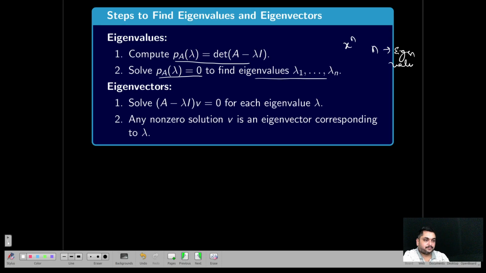Then how to find eigenvectors? Once you get your eigenvalue, you solve this equation to get your vector v. That is the eigenvector for each eigenvalue. For each eigenvalue, you can get one eigenvector.